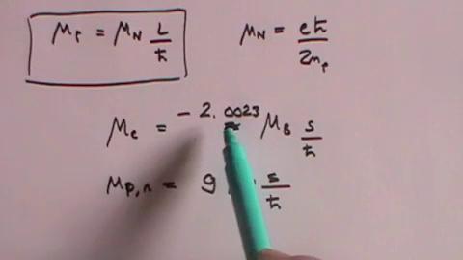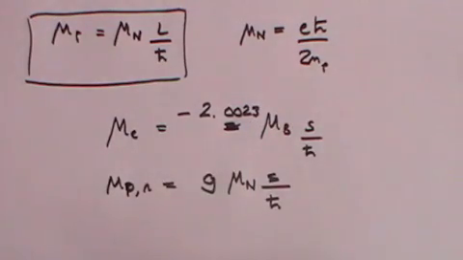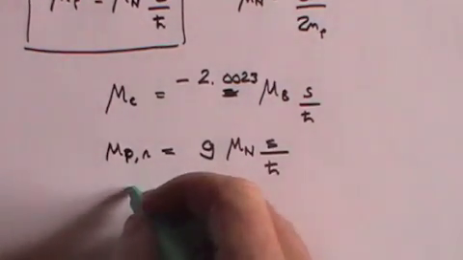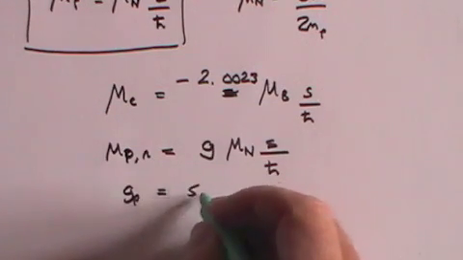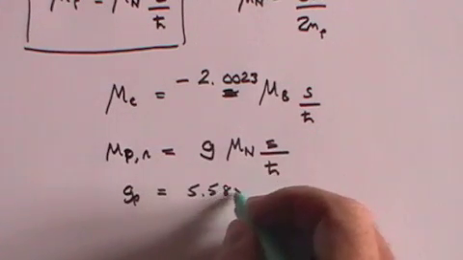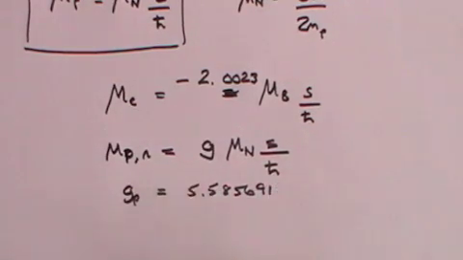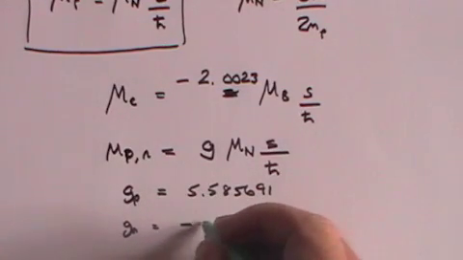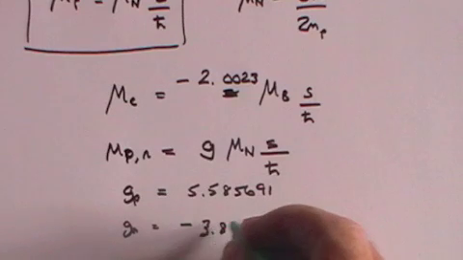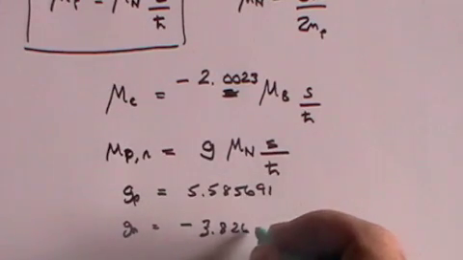For the electron, g was minus 2.0023. For the proton, g is 5.585691. It can be measured to that level of accuracy. And g for the neutron is going to be equal to minus 3.826084.